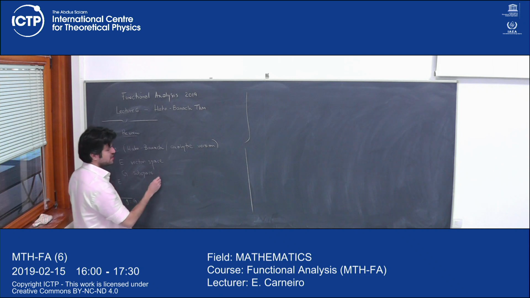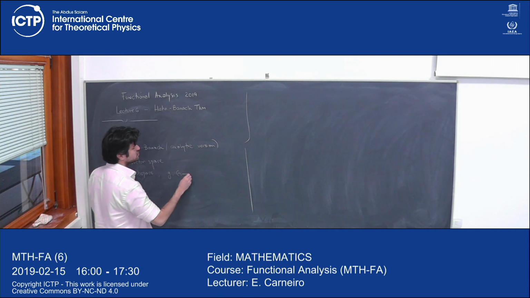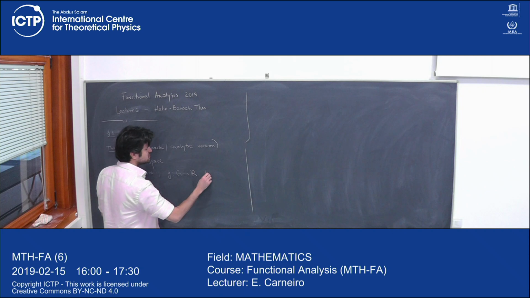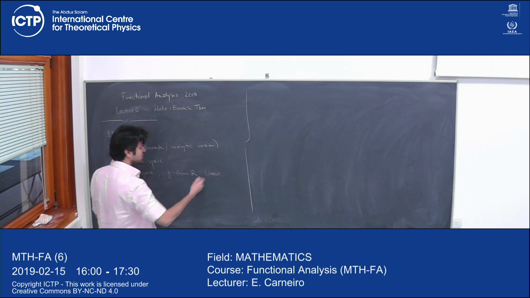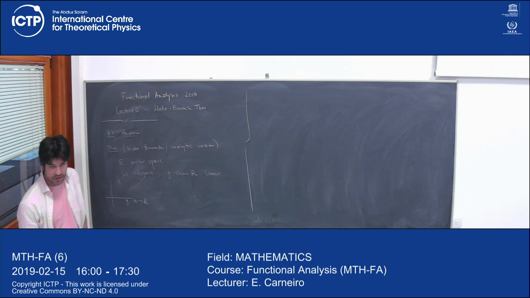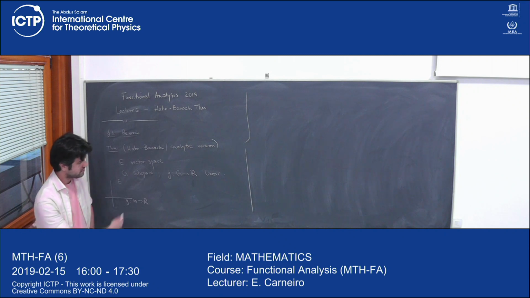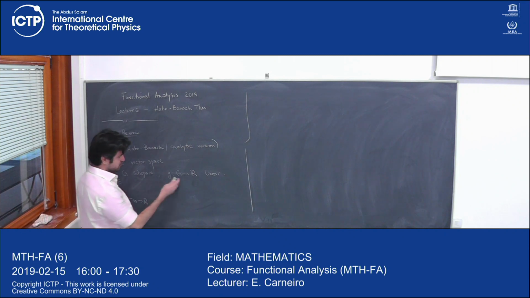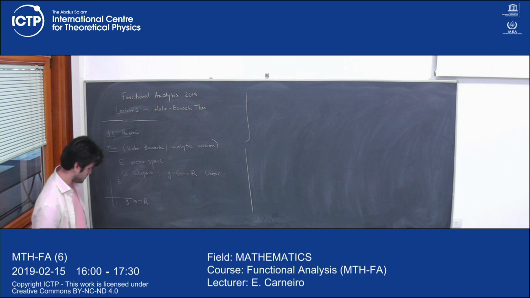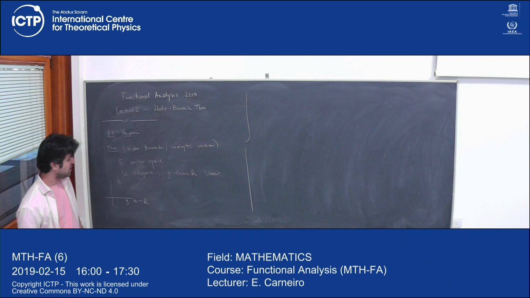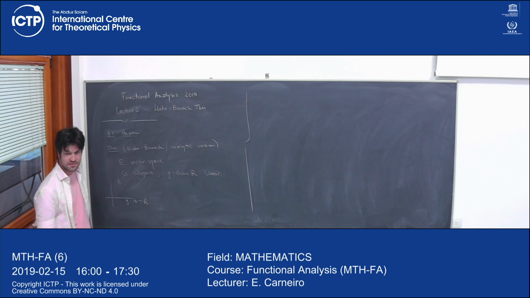So you have G as a subspace and little g from G to R, a linear function. At this point, it's not bounded, not continuous. And we wanted to extend this functional to the whole space E, right?